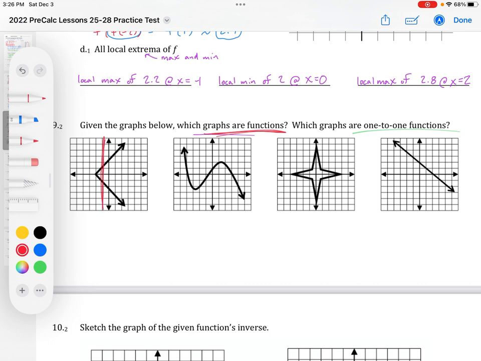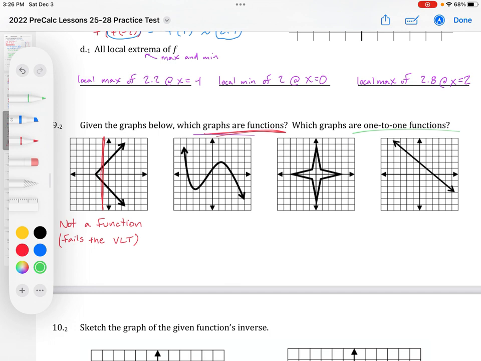So I notice if I draw a vertical line through this graph, this is not a function because it passes through twice. So this is not a function, and it's because it fails the vertical line test.